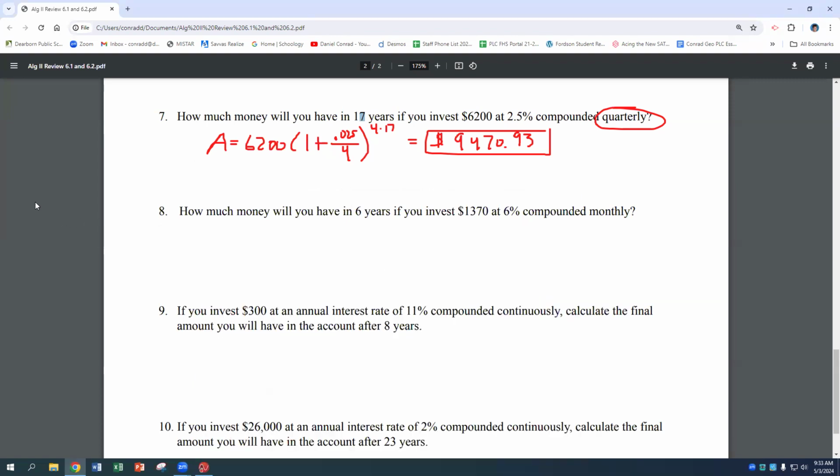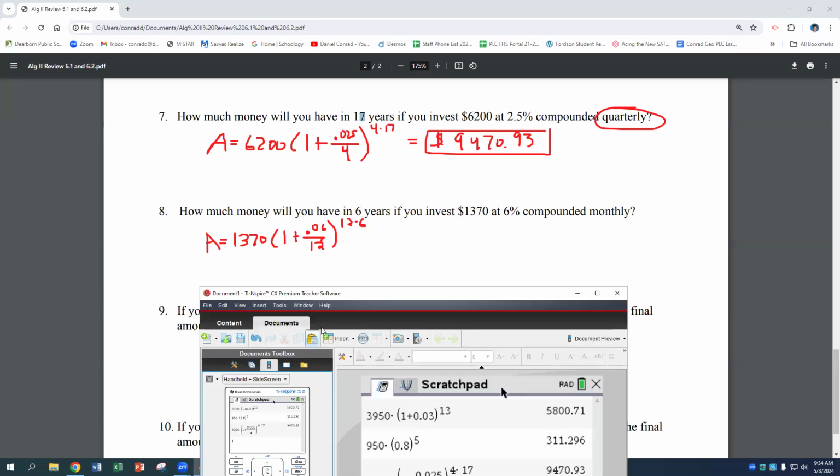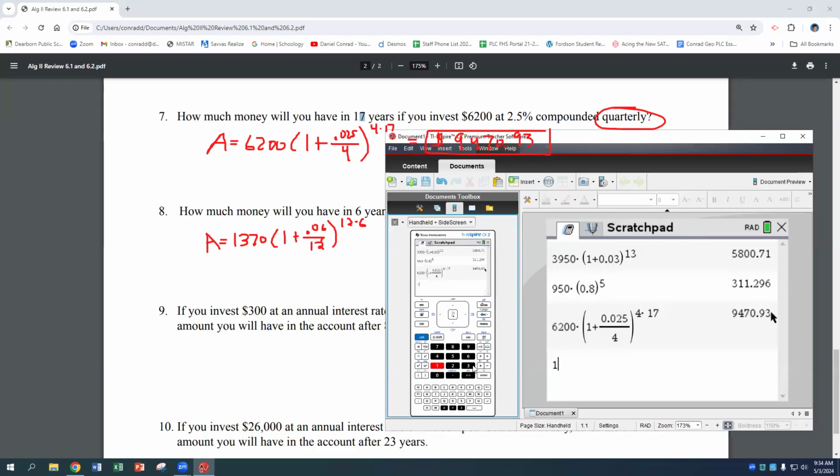All right, number 8. Okay, compounded monthly here. So we're going to start with $1,370. 1 plus our rate is 0.06 divided by monthly, so that's a 12. And to the nt, so that's going to be 12 times 6. Again, we're just going to put that in our calculator. So I have 1370 times 1 plus 0.06 all over 12.